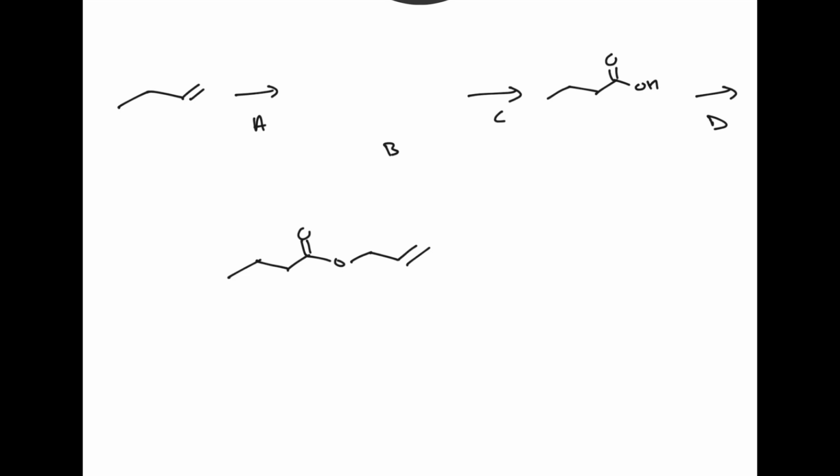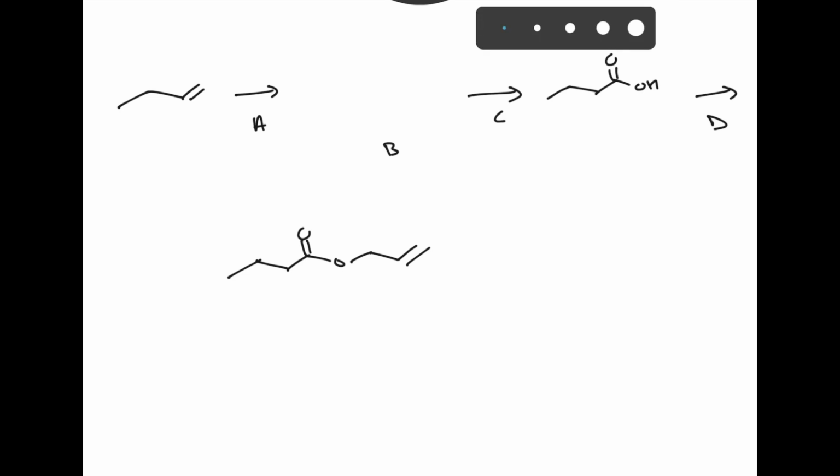You know how to make a carboxylic acid. What is one way you know how to make a carboxylic acid, keeping in mind we're talking about alcohol oxidations? KMnO4, and that would have to react with a primary alcohol.